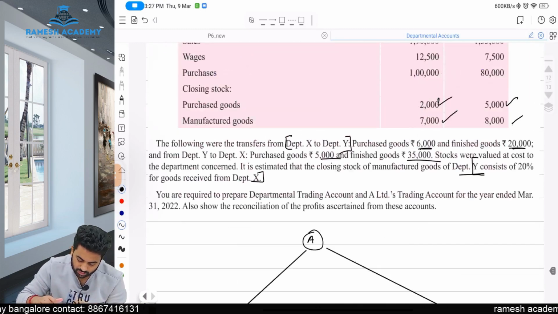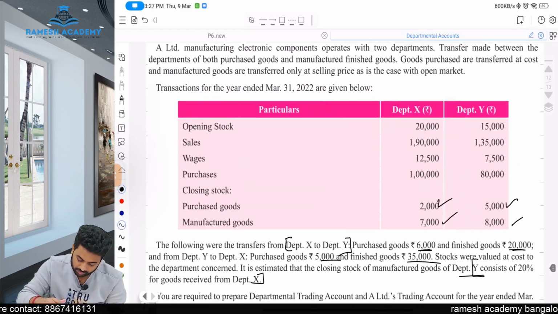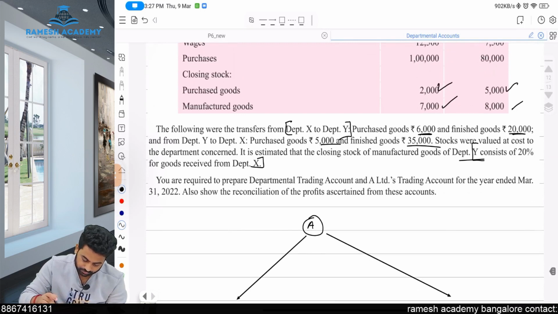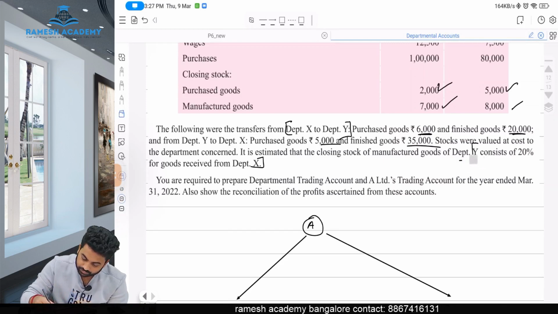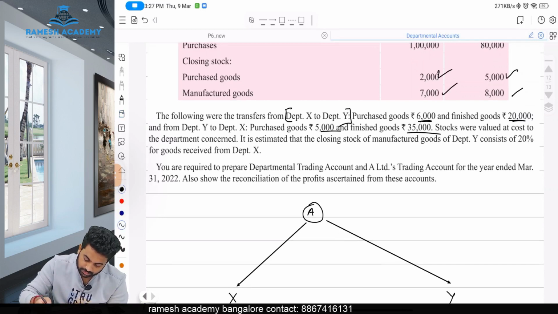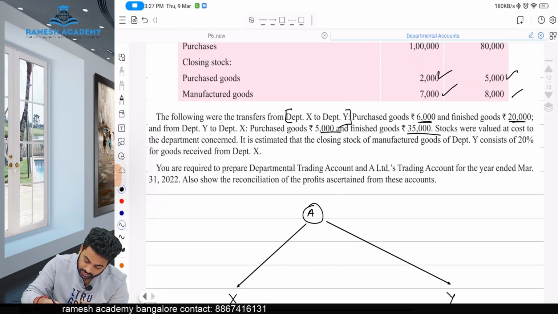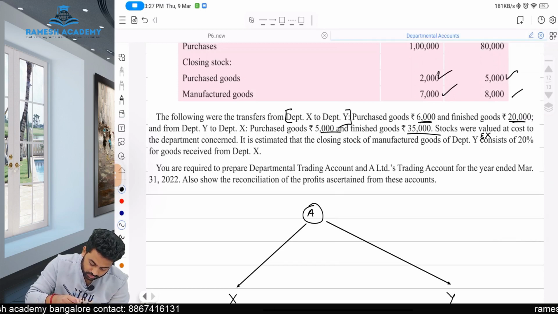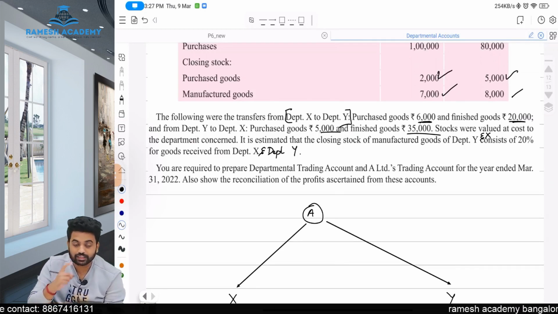So actually they should have given it both ways, okay? Make it: it is estimated that closing stock of manufactured goods of department X and Y consists of 20% goods received from department Y and X respectively.